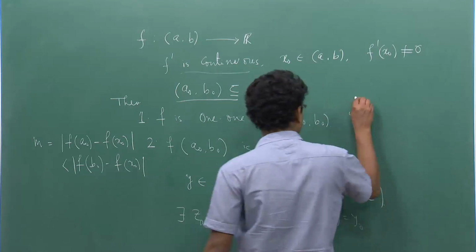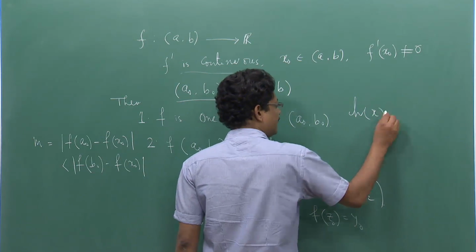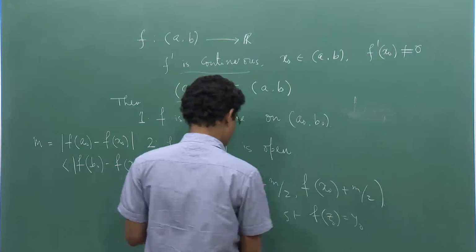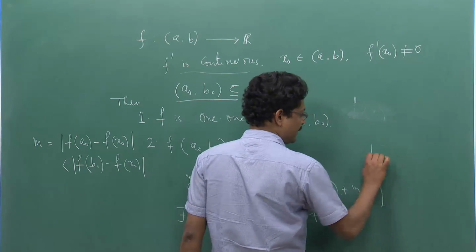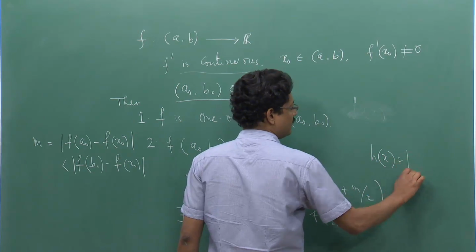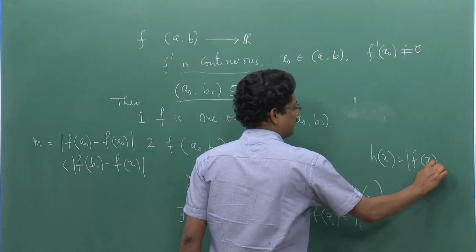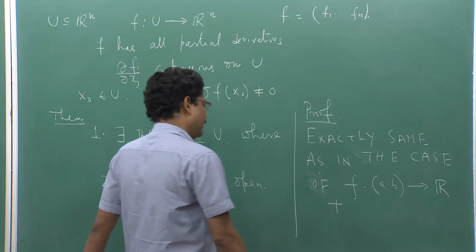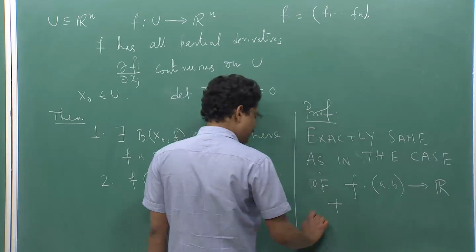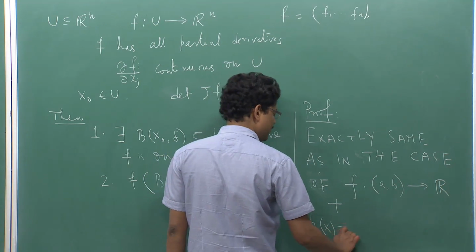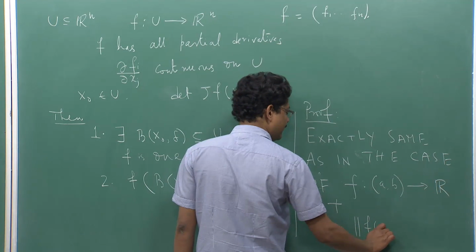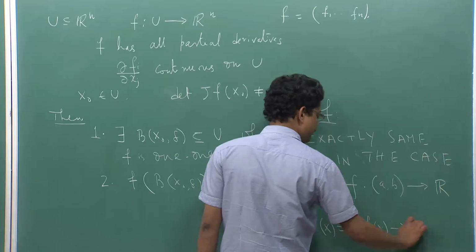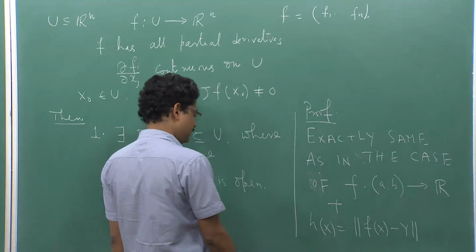and where we define this function, you recall h x. After choosing y we define the function h x equal to f x minus y. Here you have to observe, you will define the same thing, but in this case h x has to be replaced by mod f x minus y in this interval.